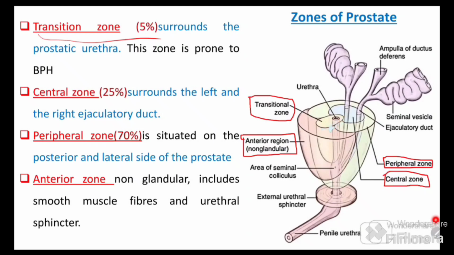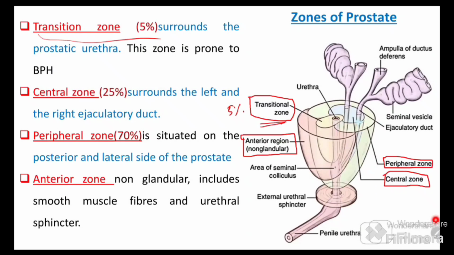The area surrounding the prostatic urethra is known as the transitional zone, which constitutes about 5% of the glandular tissue. The glandular tissue of the prostate is divided into four zones. The first one is the transitional zone, the area around the prostatic urethra.